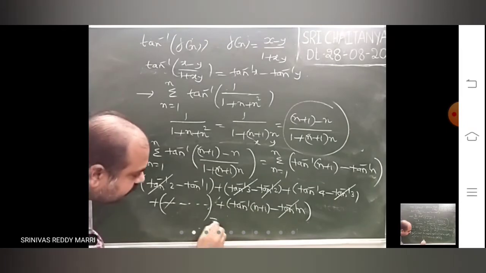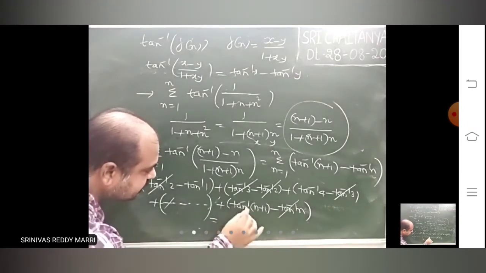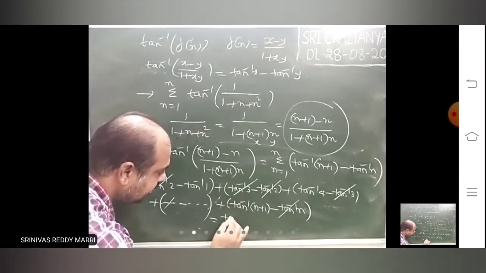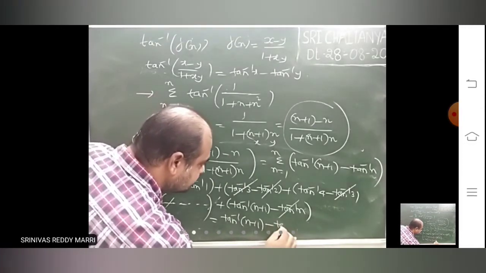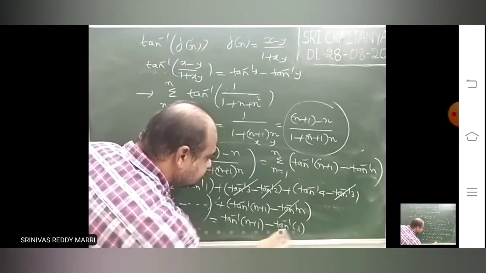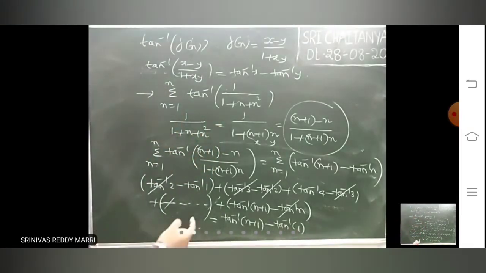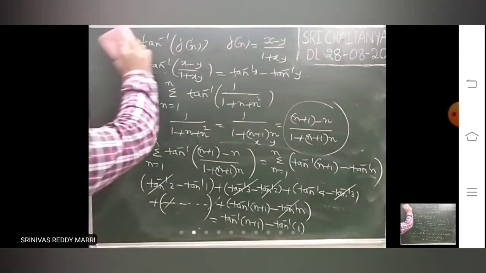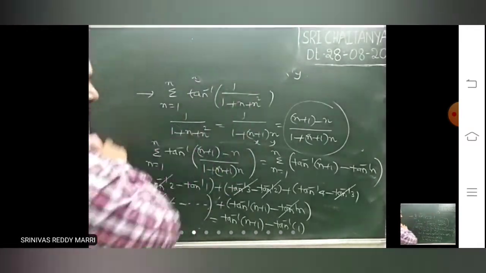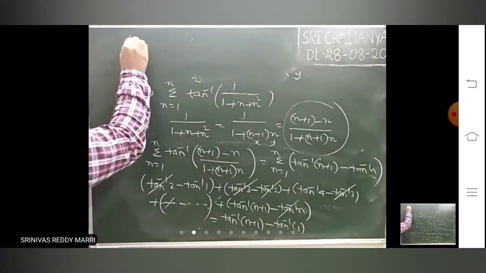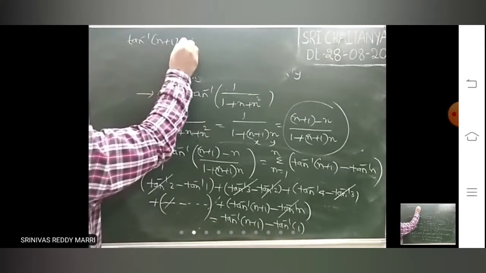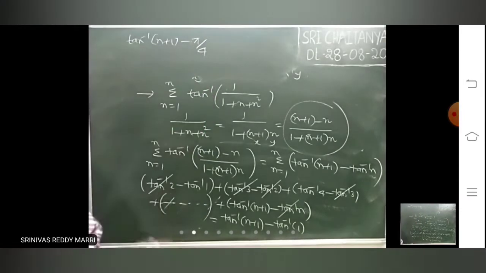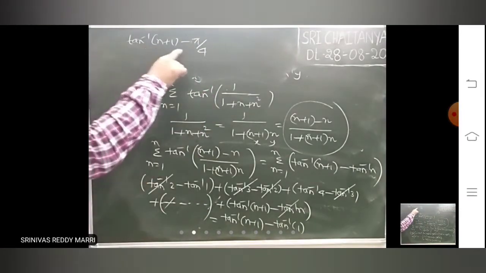So what is remaining? This one and this one. That means tan inverse n plus 1 minus tan inverse 1. So therefore, this is your answer. The answer can be in this form: tan inverse n plus 1 minus tan inverse 1, where tan inverse 1 is pi by 4.